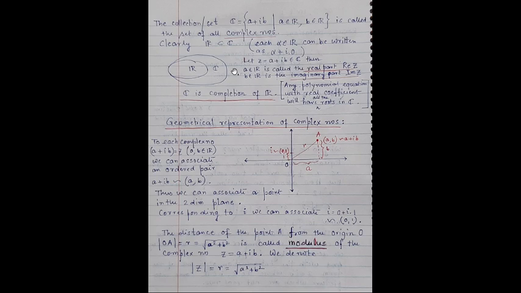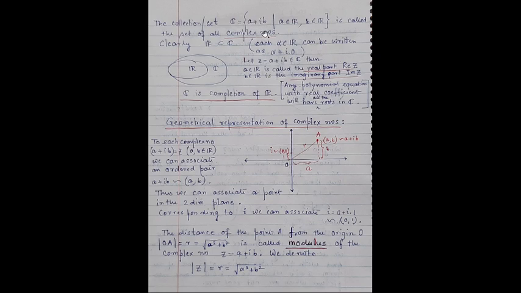And you know, this collection of such numbers of the form a plus ib, where a, b are real numbers, but i is something which is not real, and the collection of such numbers is called the set of all complex numbers. All right, and if you remember, a is called the real part of the complex number a plus ib, and b is called the imaginary part.